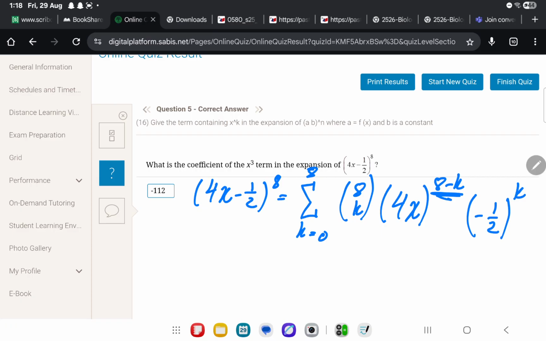Basically, here in this case, 4x to the power of 8 minus k. 8 minus k has to equal 3, because remember, you're going to distribute this power onto the 4x. So once you multiply it, you'll have 4x raised to the power of 8 minus k. You want 8 minus k to equal 3, because you want x to have the third power. So take this to the other side, k is going to equal 5.